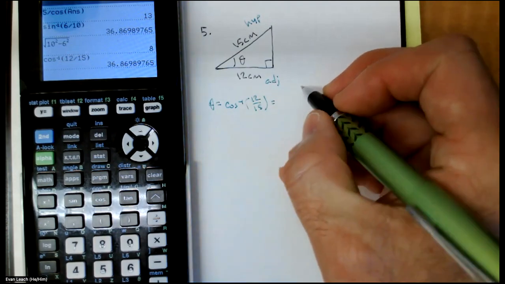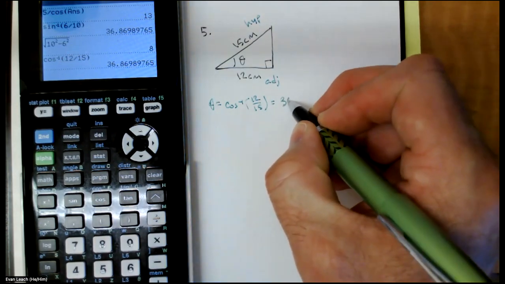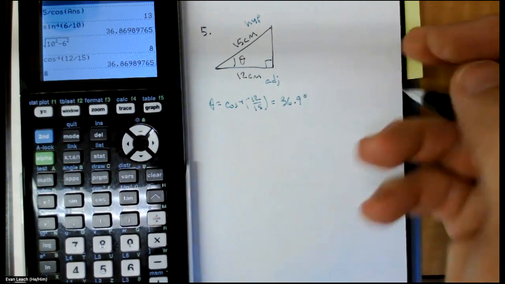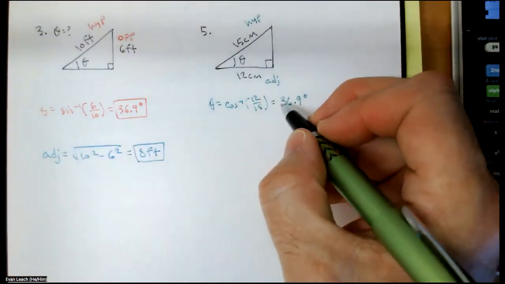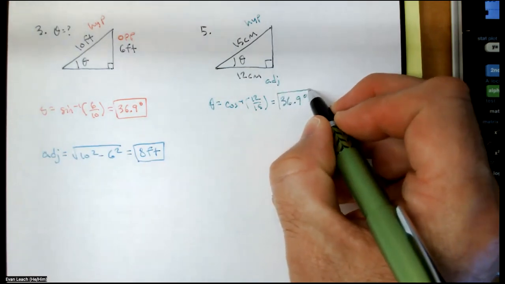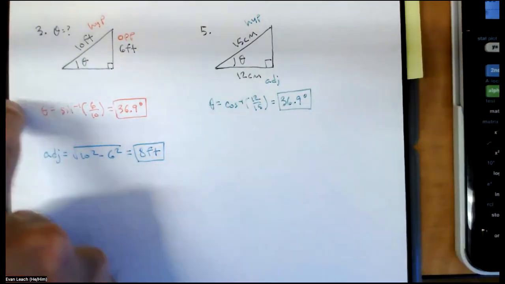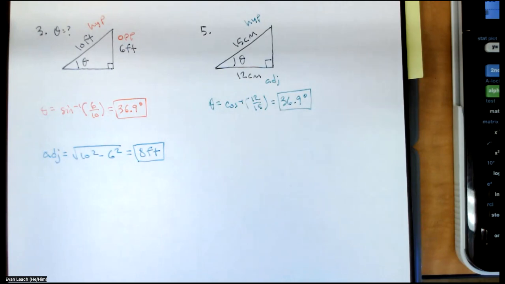And I get a 36.9 again. So we got the same value of theta in problem 5 that we got in problem 3.